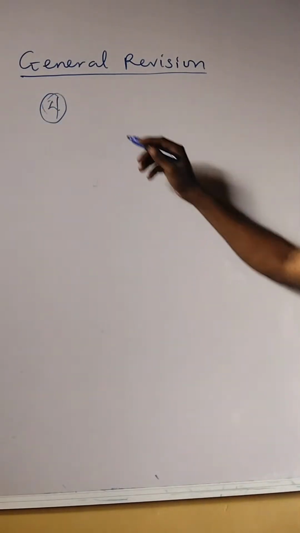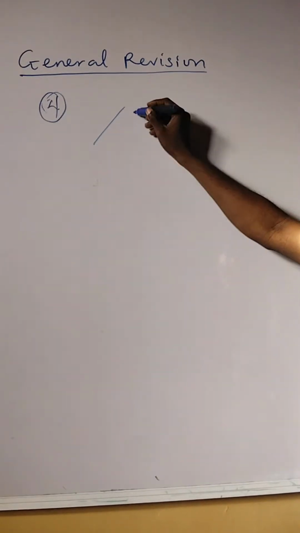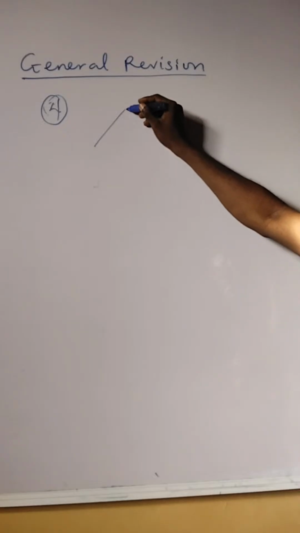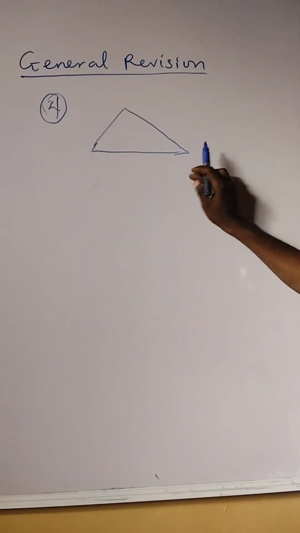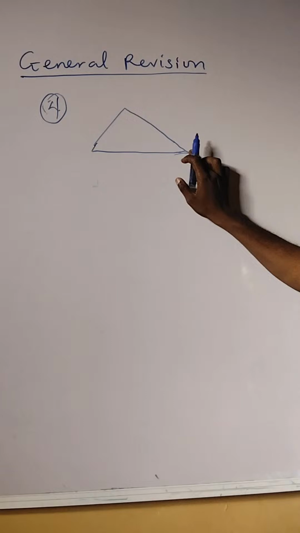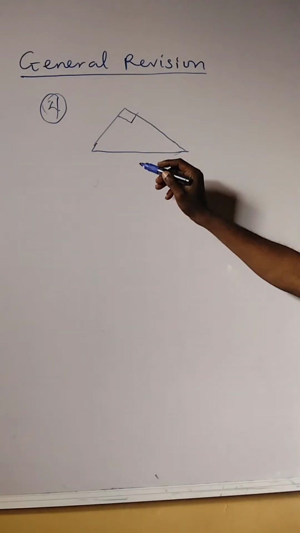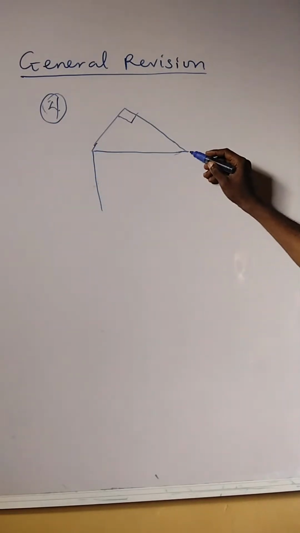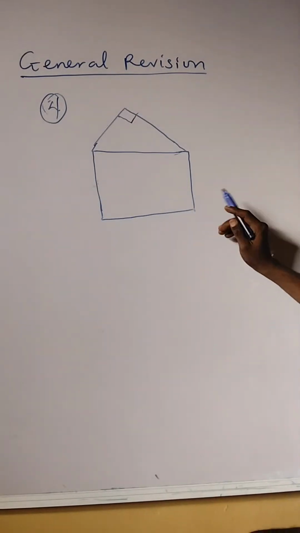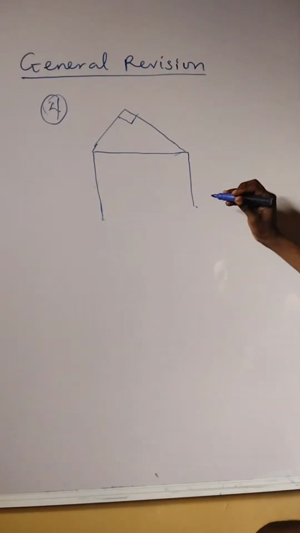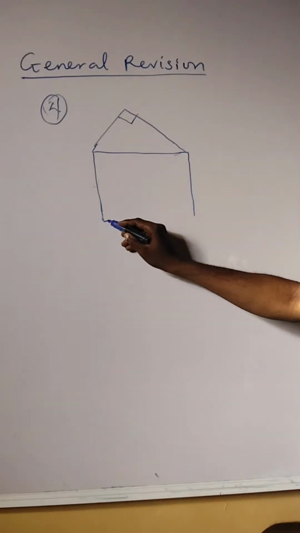We have this diagram, and here we have this as a triangle, whereby this side is a right angle and this side is used to form a square. So let's just manage it as representing a square.